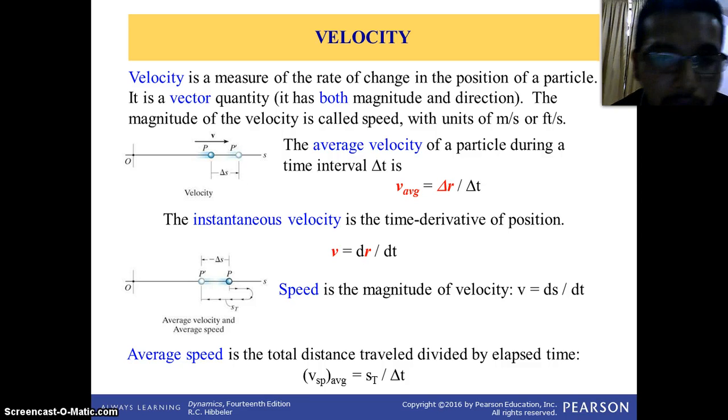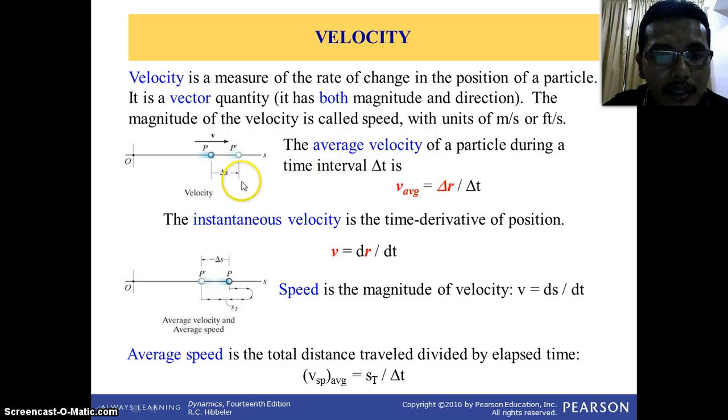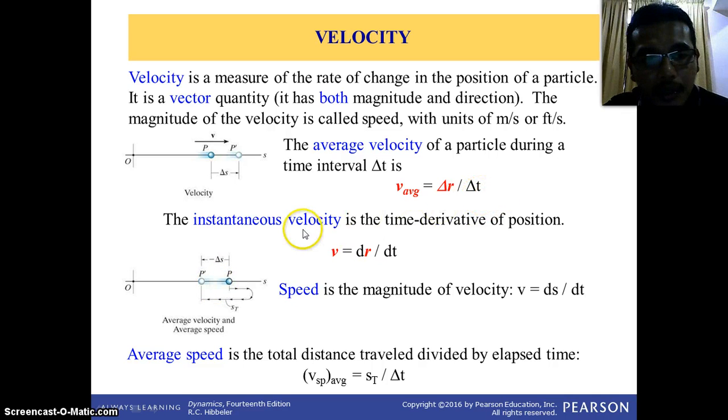The magnitude of the velocity is called speed, with units of meters per second. The average velocity of the particle during the time interval delta t is delta r divided by delta t. The instantaneous velocity is the time derivative of position, v equals dr/dt.